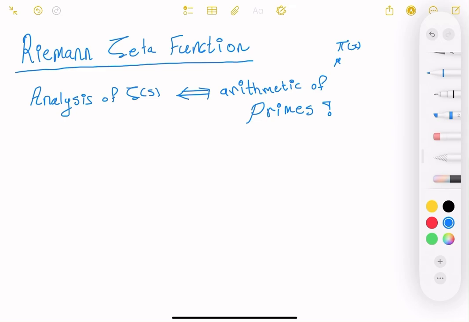And this will involve a discussion on the logarithm of zeta, the logarithmic derivative of zeta, and stuff like that.